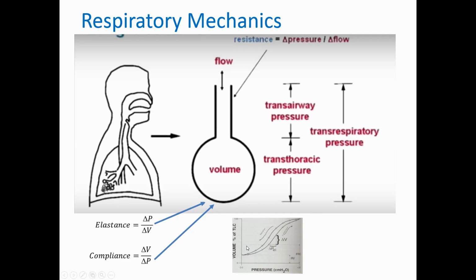The way you want to keep your lung is somewhere in the middle of this graph. You don't want to leave it at this end, and you don't want to leave it at this end, because at either end the resistance is very high. The more inflated the lung, the stiffer it gets, and the smaller the lung, the stiffer it gets. The same goes for airway resistance.